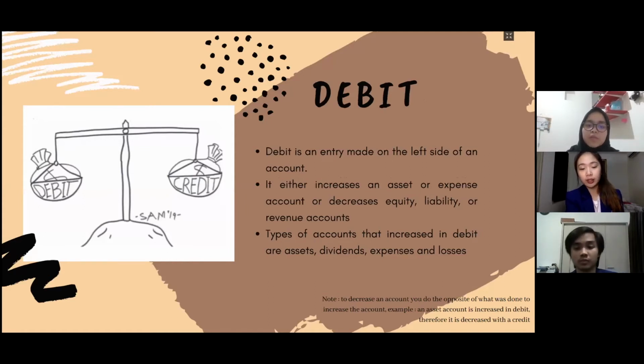Types of accounts that are increased in debit are assets, dividends, expenses, and losses. Note, to decrease an account, you do the opposite of what was done to increase the account. For example, an asset account is increased in debit, therefore, it is decreased with a credit.